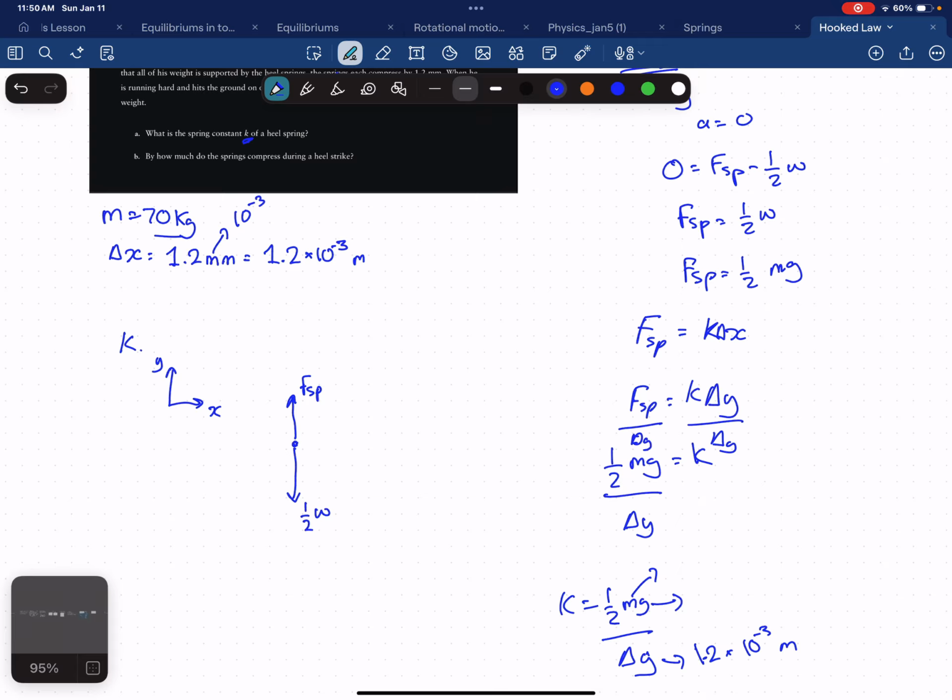Or if you like, this is 0.0012. Let me write it nicely for you guys. These two numbers are the same. And that's how we solve for K.